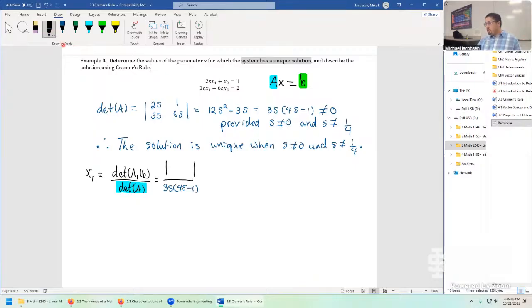In the numerator, determinant of A1b takes a column vector b, which we never really indicated, but that's the 1, 2 right here. Column vector 1, 2 goes into this position, and the rest of the matrix A, 1 and 6s, goes in their remaining spot.